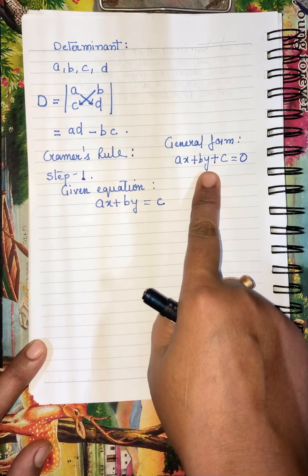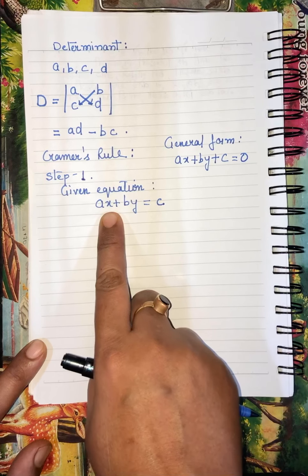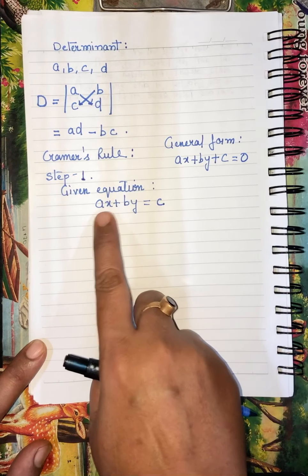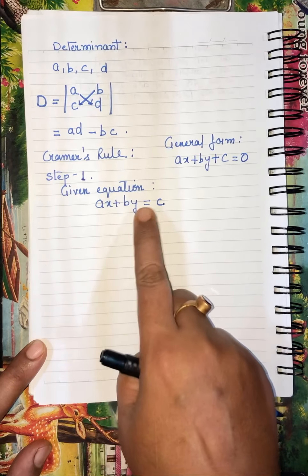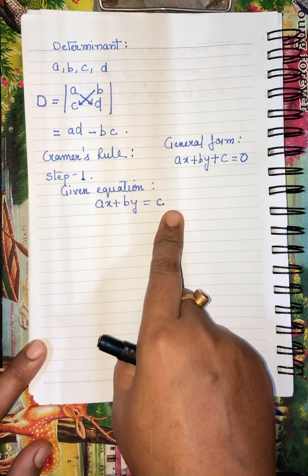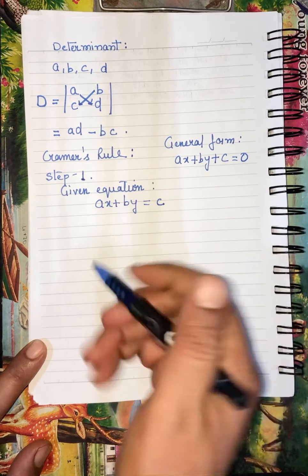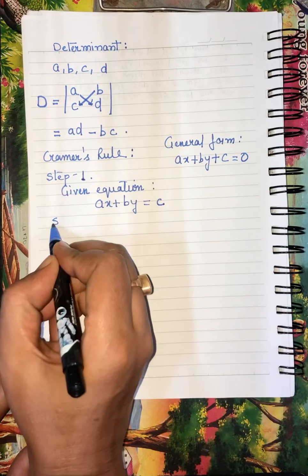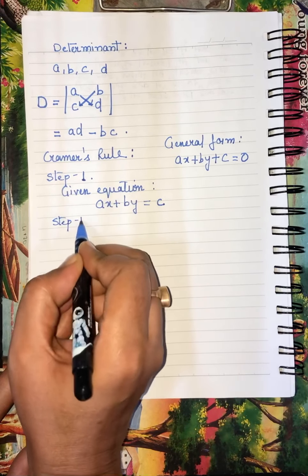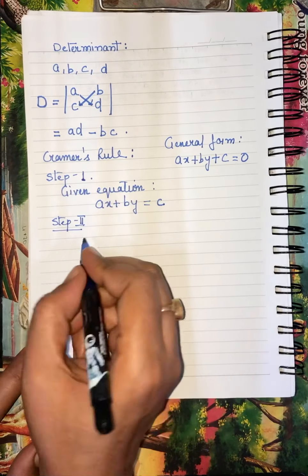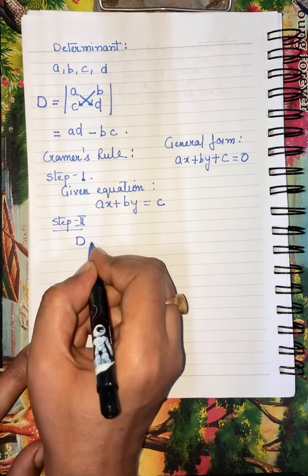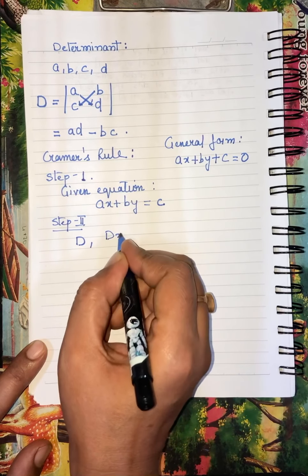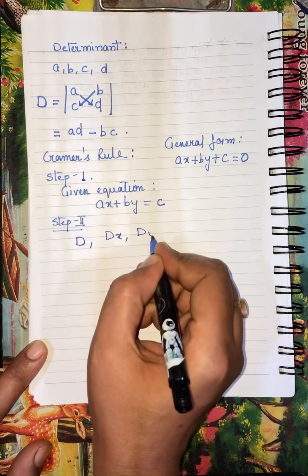So this general form has to be transformed in the manner of ax plus by is equal to c. The c has to be taken to the right hand side compulsorily. Then in the step 2, we have to find d, the dx and the dy.